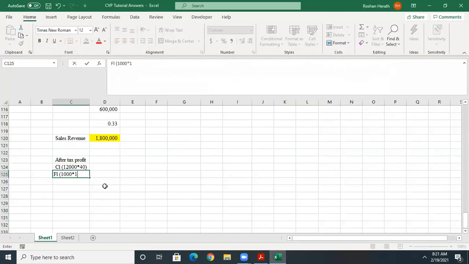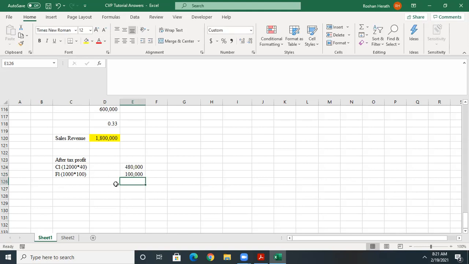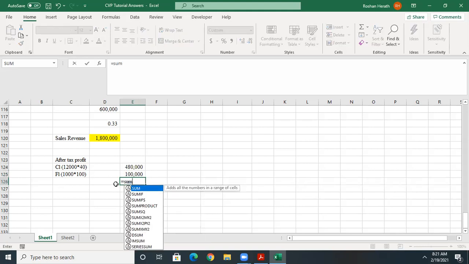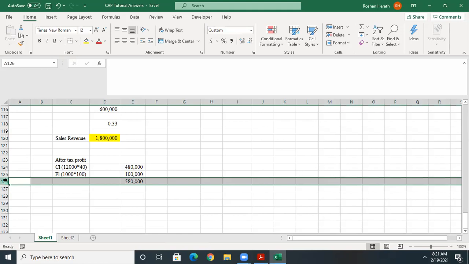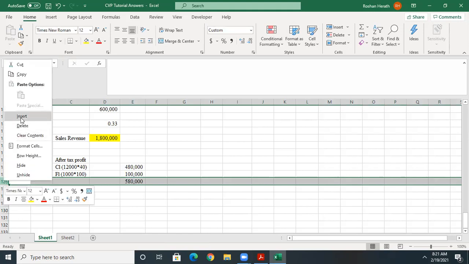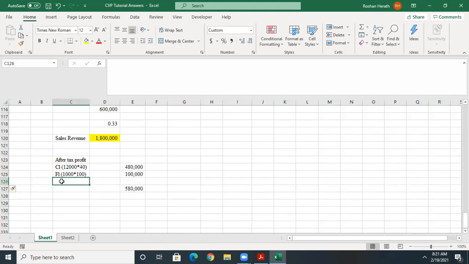So here comes the contribution: 12,000 into 40 and 1,000 into 100. So the total contribution is 508,000, because the other product, capping, has become 0.